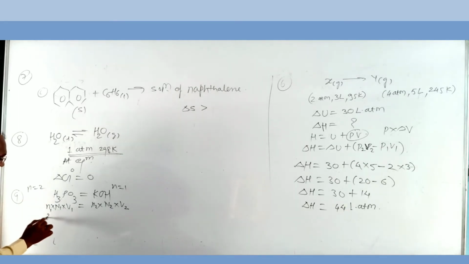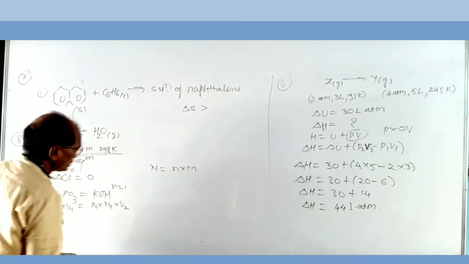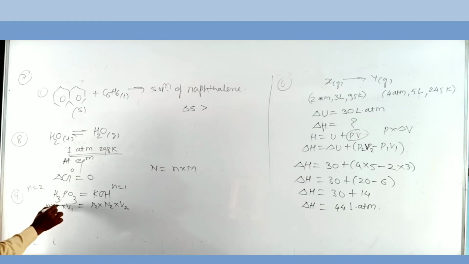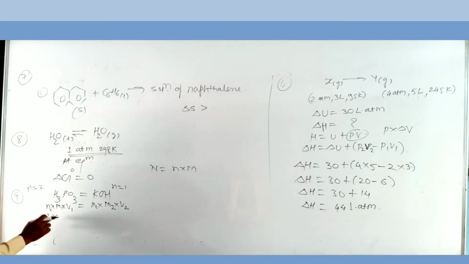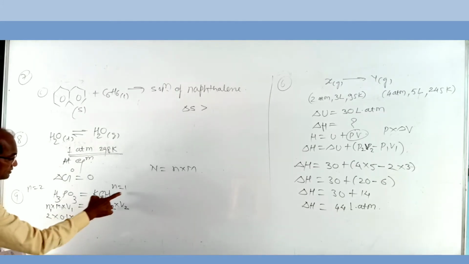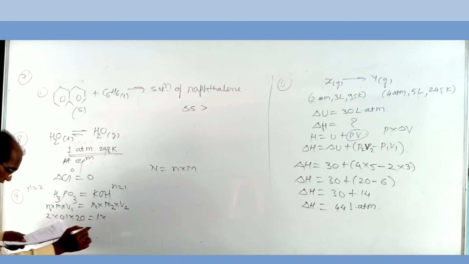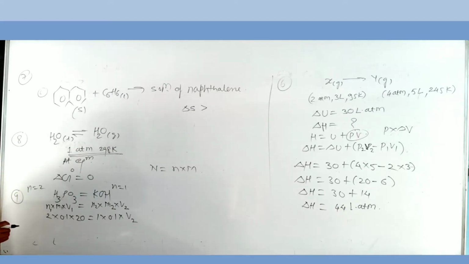Here N1 is equal to 2 and its normality. Here molarity is given, but we know the formula: normality is equal to n into molarity. Let's take here M1 and here M2. Then n1 is 2, M1 for phosphorus acid is 0.1 and its volume is 20, is equal to n2 equal to 1, M2 equal to 0.1, and we have to calculate the volume of KOH required to neutralize the phosphorus acid.